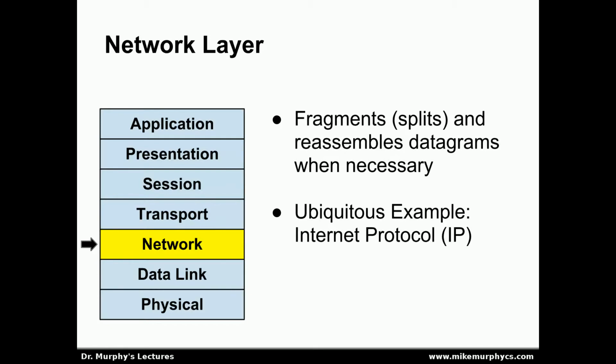In addition, it is sometimes necessary to split and reassemble datagrams because the underlying data link layer can only handle messages of a certain size. It's up to the network layer to perform this fragmentation and to reassemble fragmented datagrams at the other end when needed. The ubiquitous example of the network layer is the Internet Protocol, or IP.